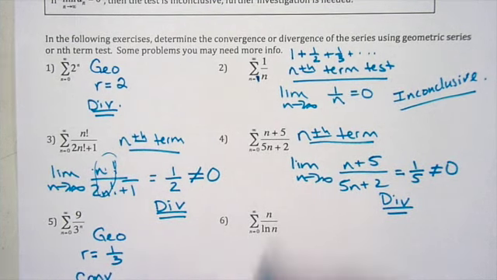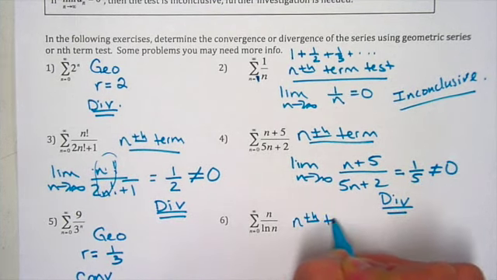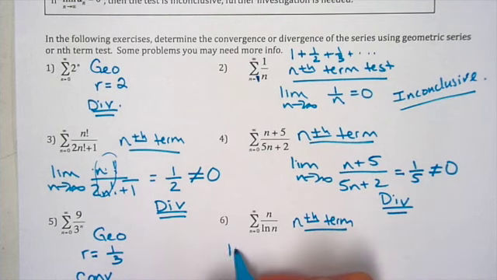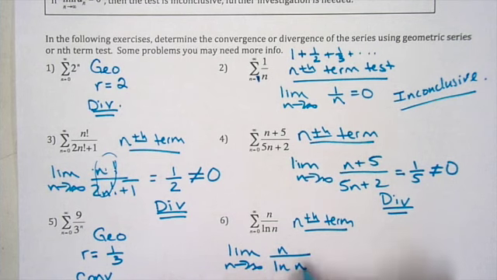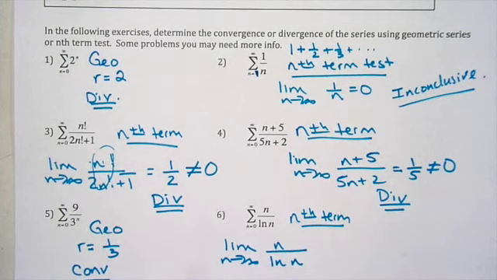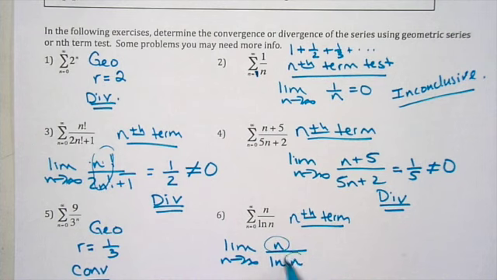Okay, number 6, we're going to use the nth term test here. I'm going to take the limit as n goes to infinity of n over ln of n. Now, when you plug in infinity, you will get infinity over infinity. So you can do L'Hopital's rule if you want, or when you're talking about the same function, taking the log of that function slows down that growth.